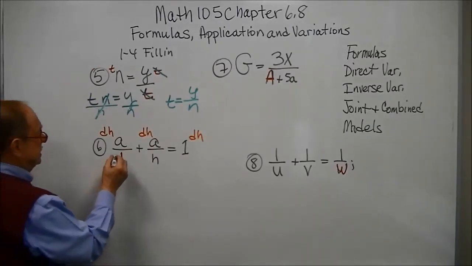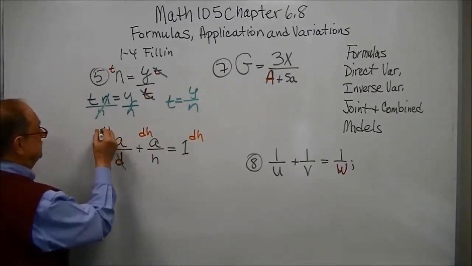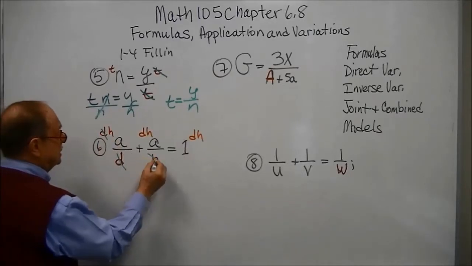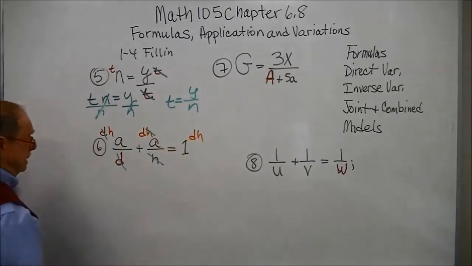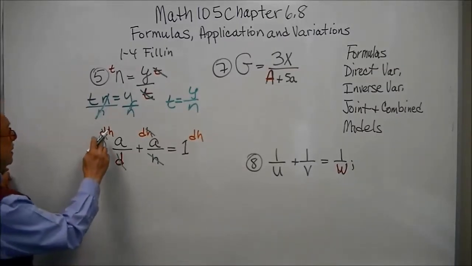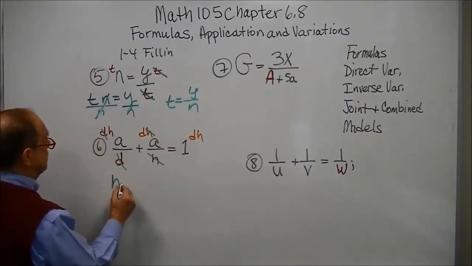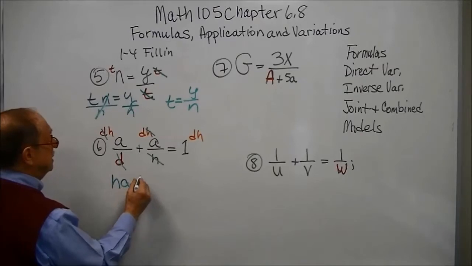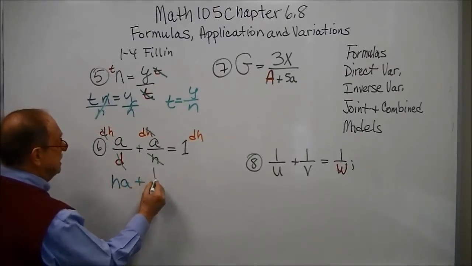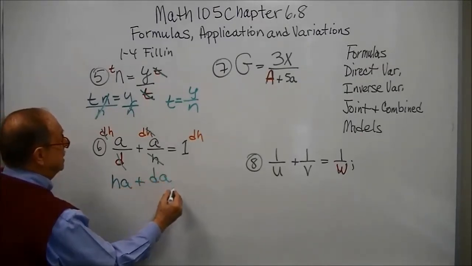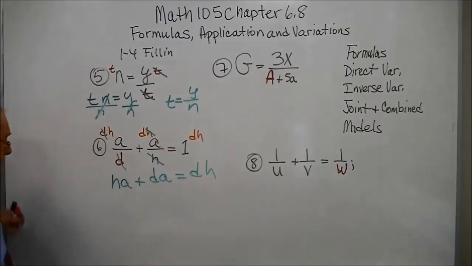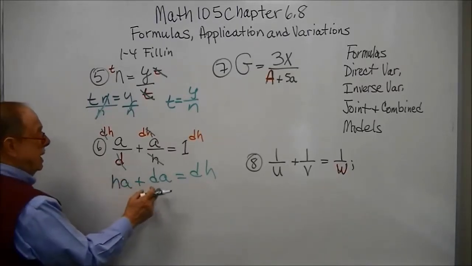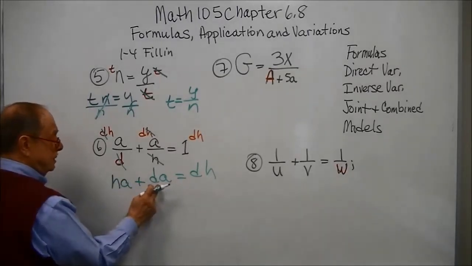So here we're going to cancel out the D. Here we cancel out the H. And there we don't cancel anything out. So here we have HA plus DA equals DH. And we want to solve for D. Notice we have D in two terms.